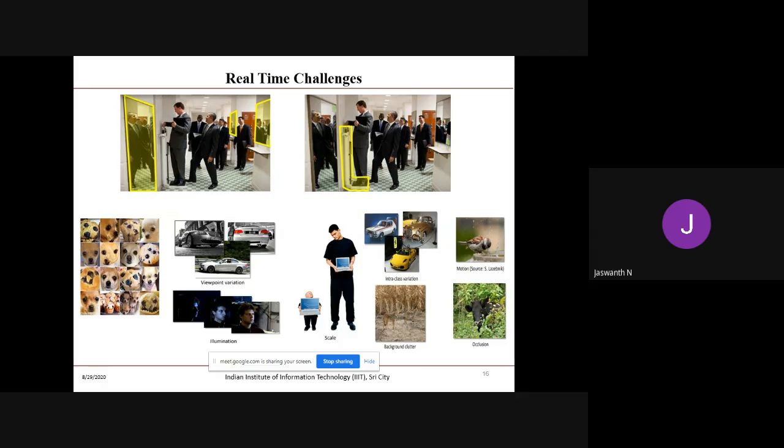What are the real-time challenges? As you can see from the first two figures, the object is being detected, which is reflected in your image or mirror, but is not in the real three-dimensional world.